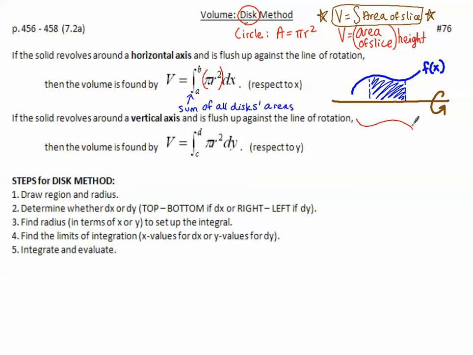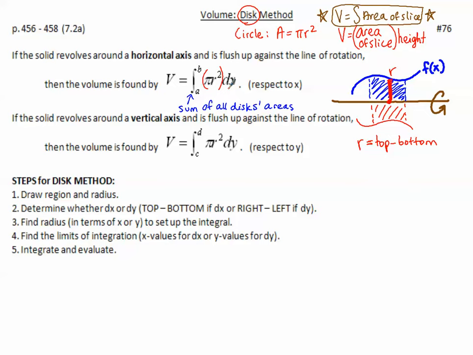So I show that reflection, I lightly shade the reflection, and I draw in my radius from the axis of rotation to the original curve. That's my radius. I label my radius in this situation top minus bottom. Then I can go ahead and plug it into the pi r squared in my integral.